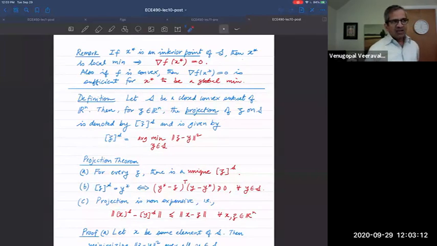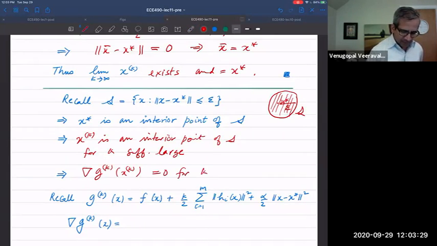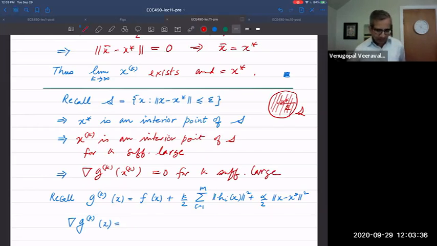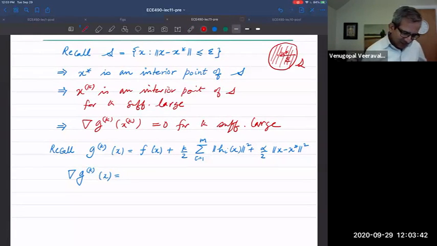So the gradient of gk at xk must be 0 for k sufficiently large. Now let's go back to see what gk was, so we can compute its gradient.